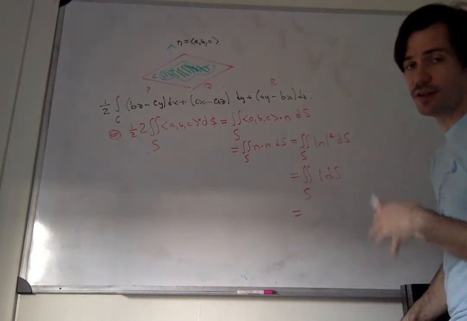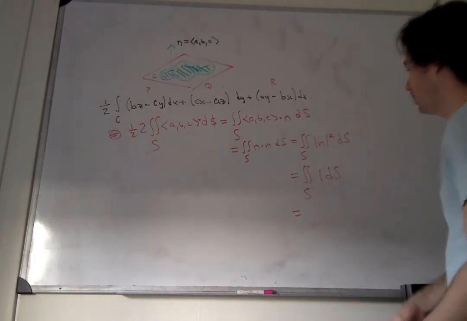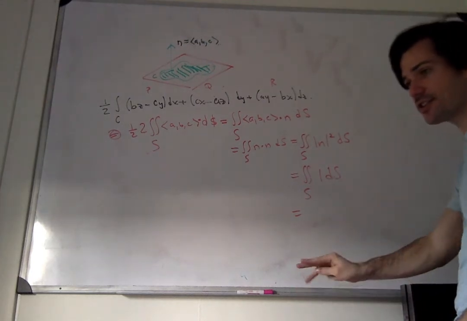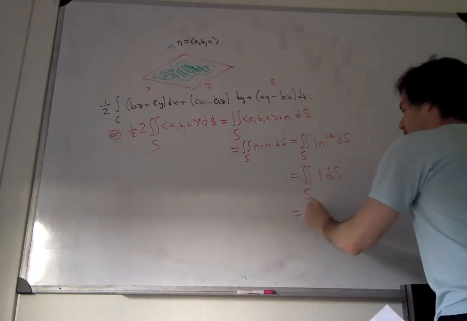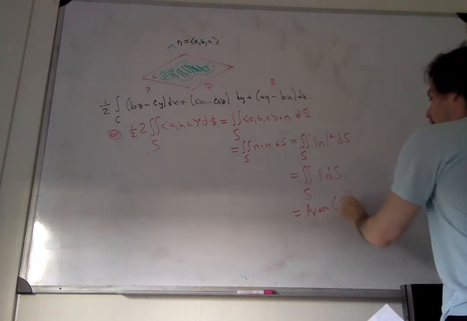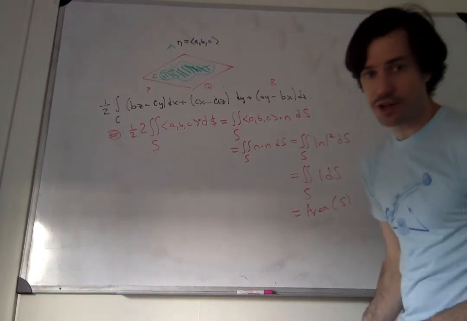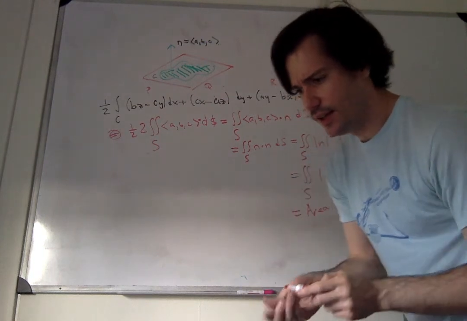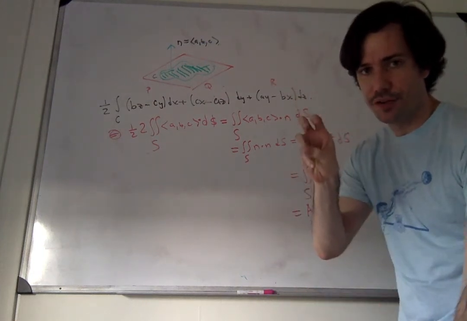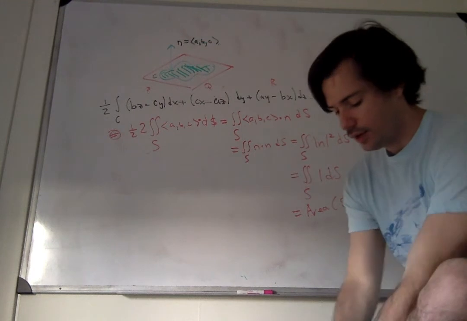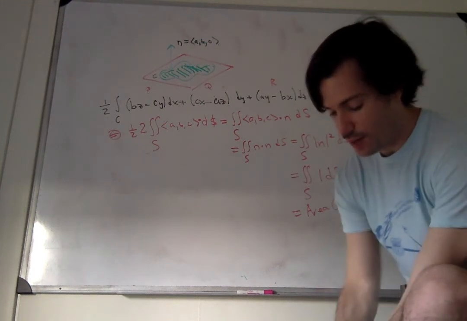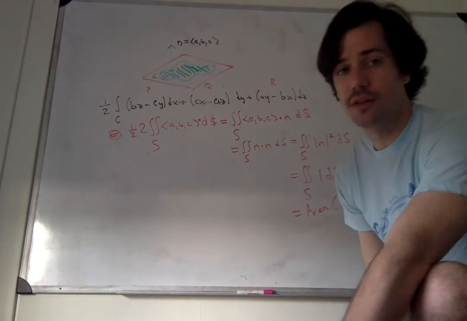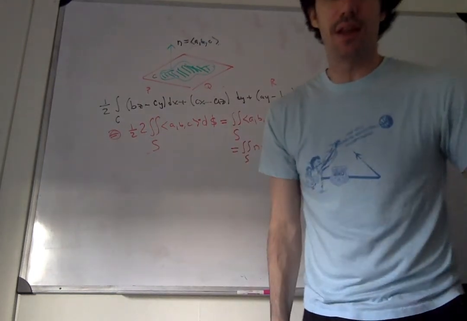Anytime you integrate over a domain, you just pick up the area. We're literally integrating over the surface S, so this is going to equal the area of S. That's what we wanted to show. So this is a correct proof. I saw a lot of what I'd call proofs, but not proofs. So that's it. Number 10 is just loads of fun. I love it. Let's get right into it.